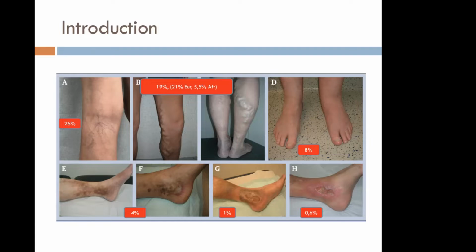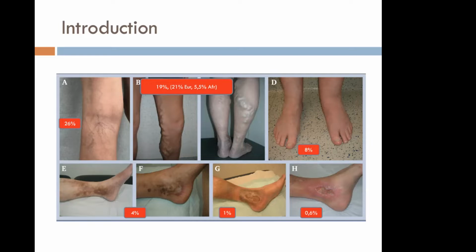Now, look at the variable manifestations of chronic venous disease. The majority of patients, just over a quarter of them, simply present with what you call spider veins or reticular veins or telangiectasia. Then the second biggest group is those who present with varicose veins. Now, up to 19% of the patients with chronic venous disease have varicose veins, but more so in the European population. But in our African context, it is less common.